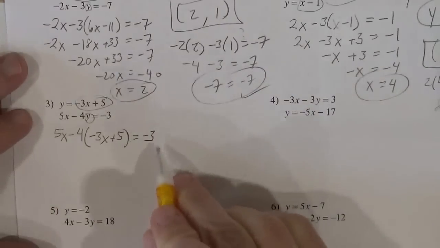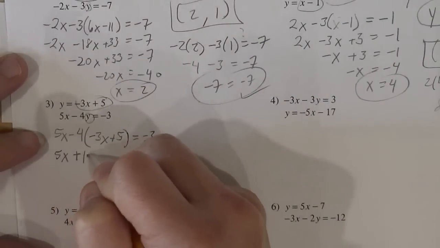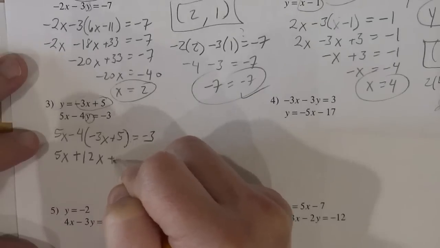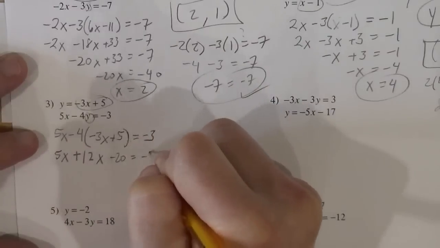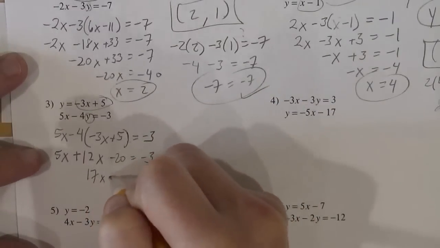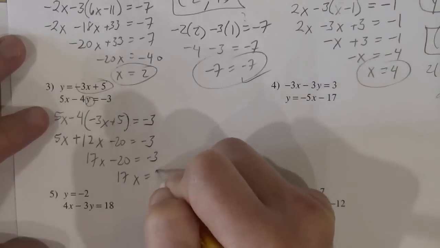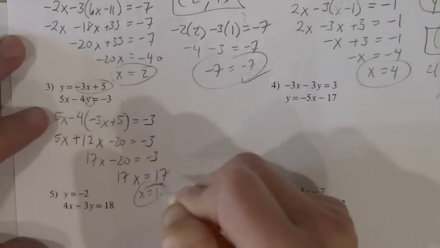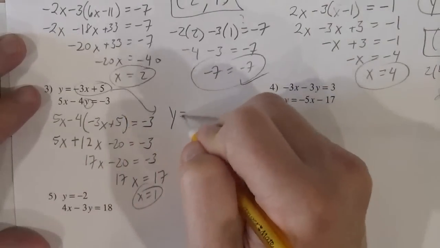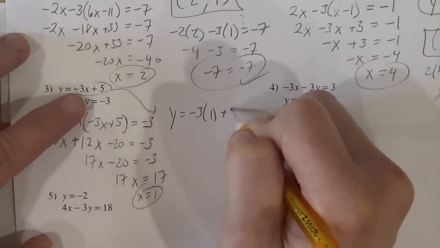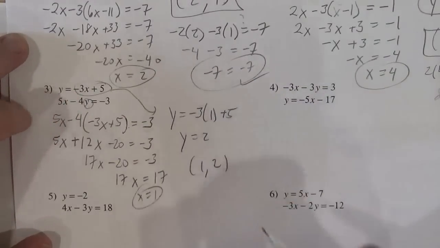So now we have an equation with just one unknown, the x, and I'll have 5x plus 12x minus 20 equals negative 3. 17x minus 20 equals negative 3. 17x equals 17, so x is 1. So x is 1, plug it back in. The y should be negative 3 times 1 plus 5, so it looks like the y is 2.